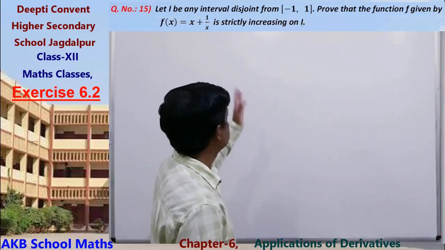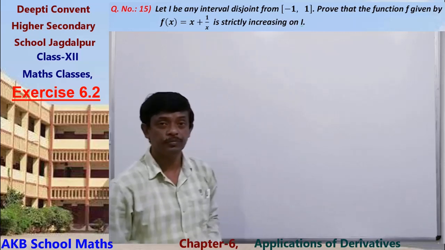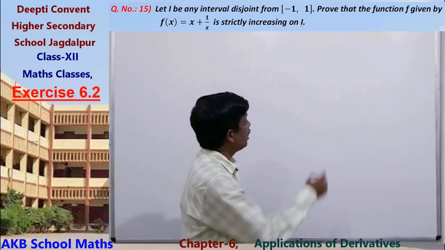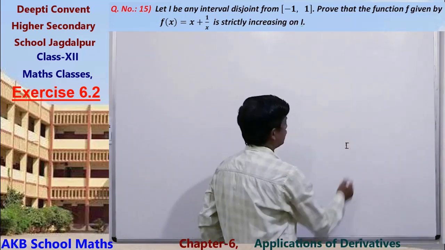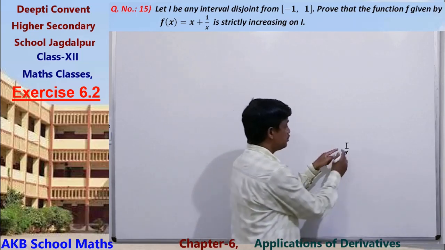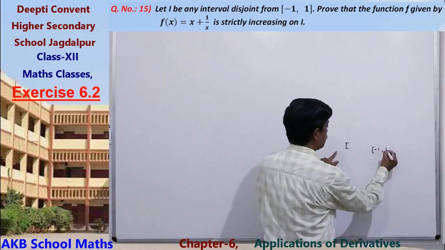Take another question, question 15 of exercise 6.2. Here, I is an interval which is disjoint from minus 1 to 1.